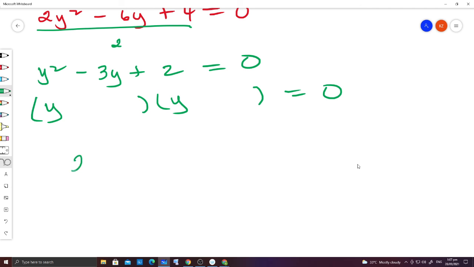Okay, let's write down the factors of 2. So we have 2 and 1, right? Yes. So again, since the second term is negative, never use the positive factor. So use the negative 1.